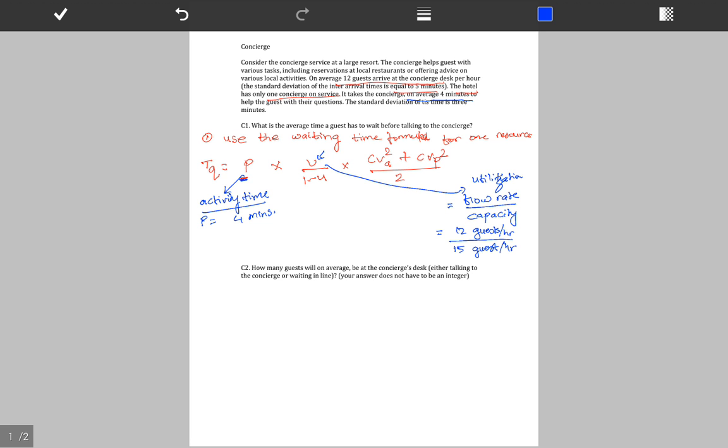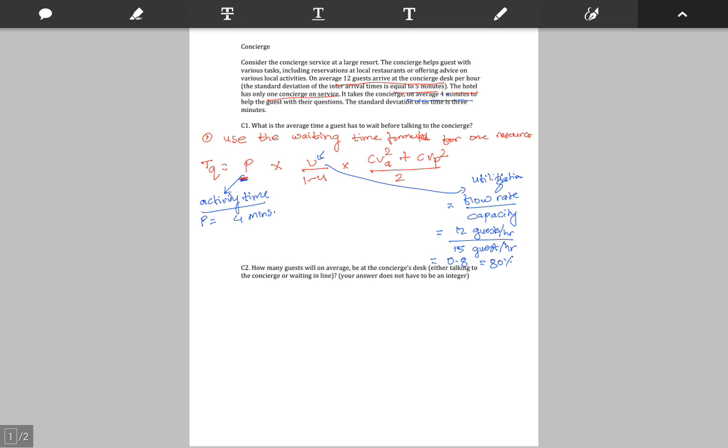Why is the capacity 15 guests per hour? It takes 4 minutes to serve one customer, so on average you can serve 15 guests per hour. This comes out to be 0.8, that is 80%. So the utilization is 80%.